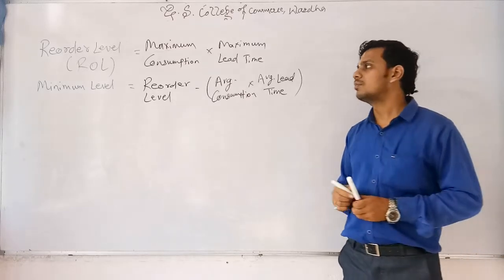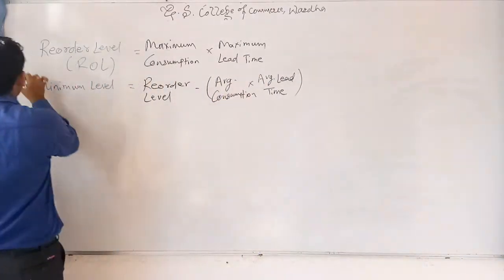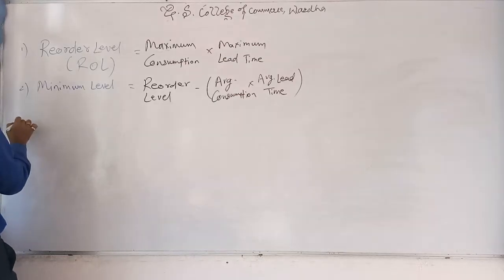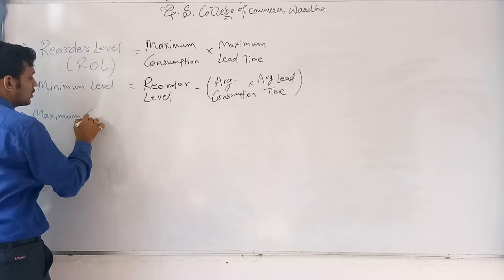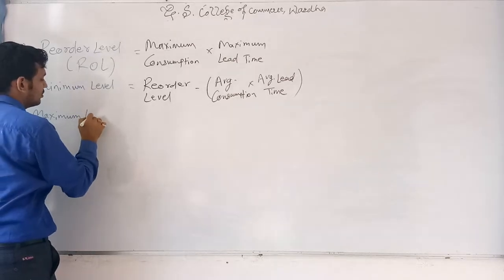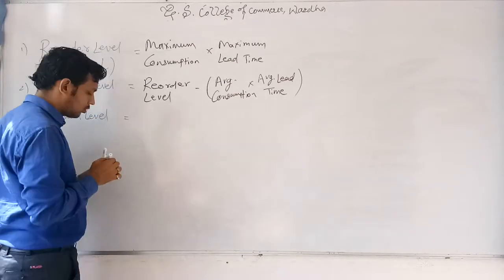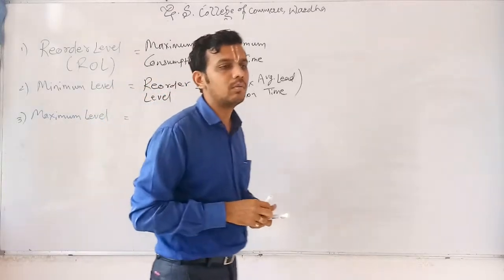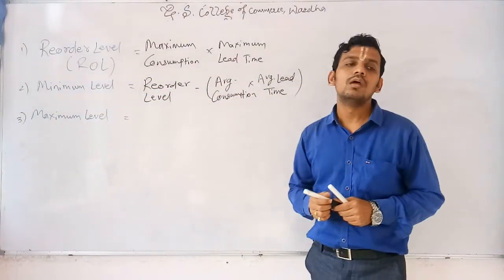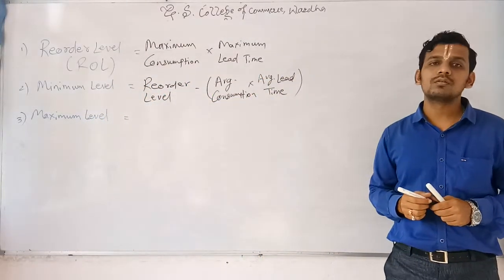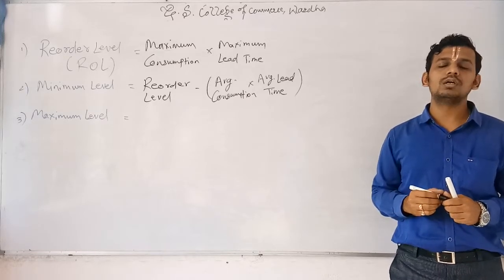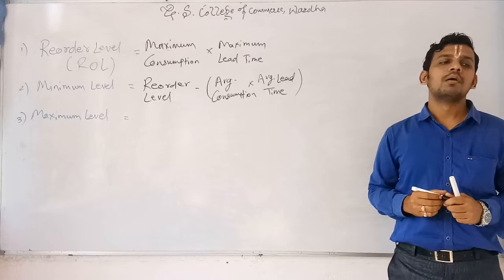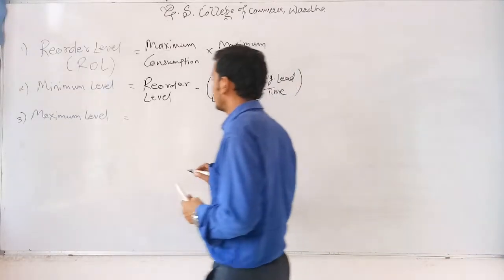The third formula would be maximum level. For the purpose of the calculation of maximum level, the formula is reorder level plus reorder quantity minus minimum consumption multiplied by minimum lead time.